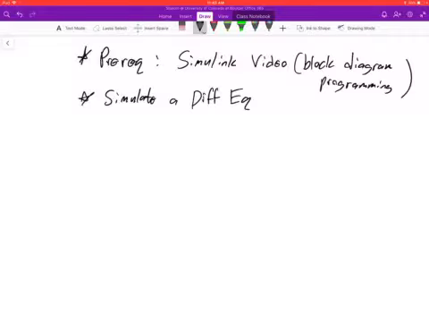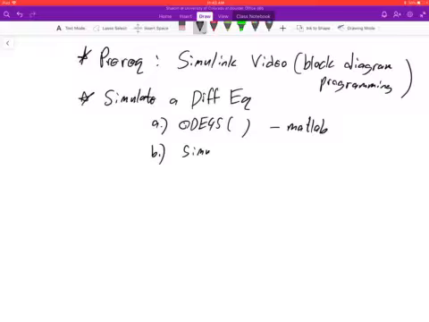Oh, and I should say there's part A, which is going to be ODE45, so that's just general MATLAB programming, and then part B is going to be Simulink, the block diagram programming. For ODE45, even though I walk you through it in the lab, you should have some experience. Obviously, use help ode45 or Google ODE45 to refresh your memory.